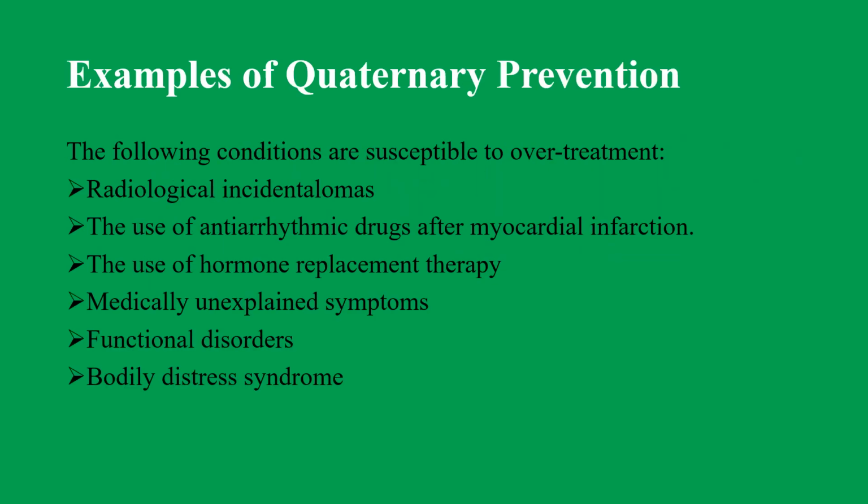Activities under quaternary prevention involve being watchful or vigilant on conditions that are susceptible to overtreatment. For example, radiological incidentalomas. So these are incidentally discovered masses or lesions detected by radiological examinations like CT scan or MRI that are performed for unrelated reasons.